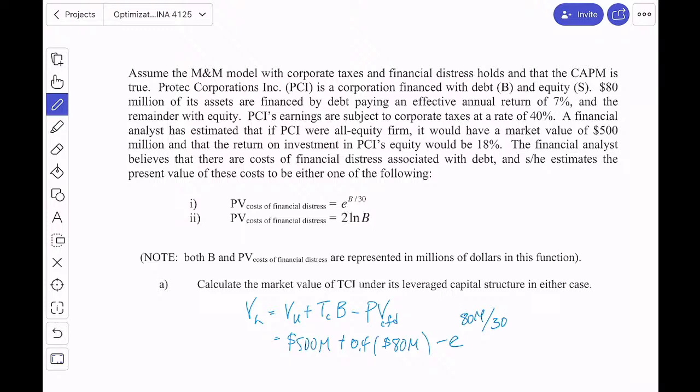Now, we want to find the optimal level of debt in that case. But first we're going to calculate the market value, okay?